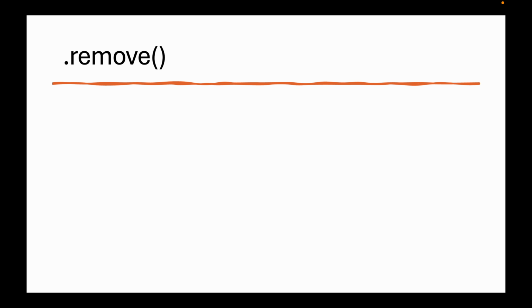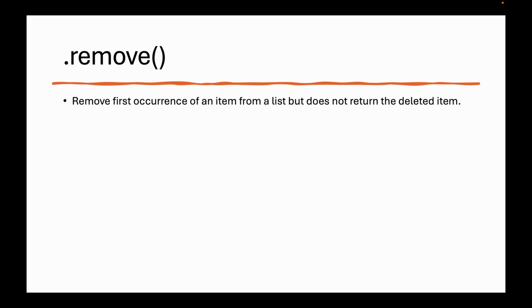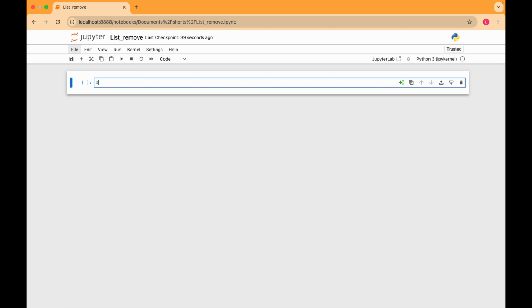Another function we have is remove. It removes the first occurrence of an item from a list but does not return the deleted item. Now let's practice.